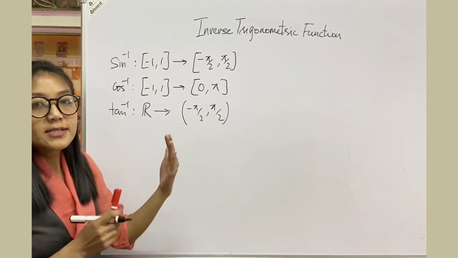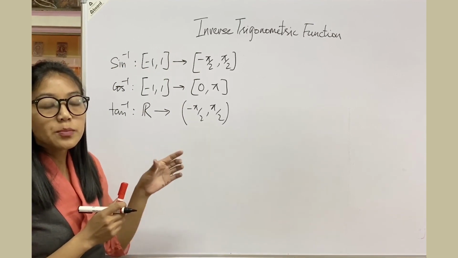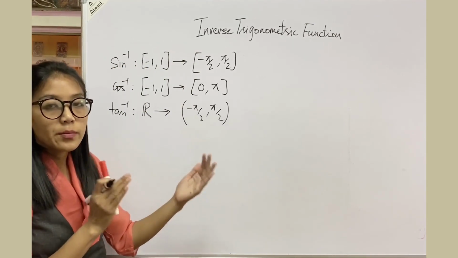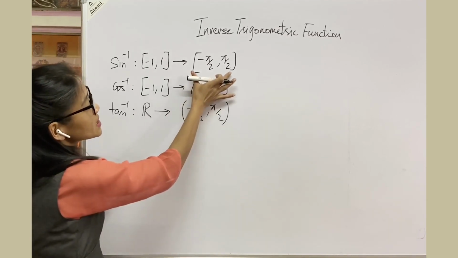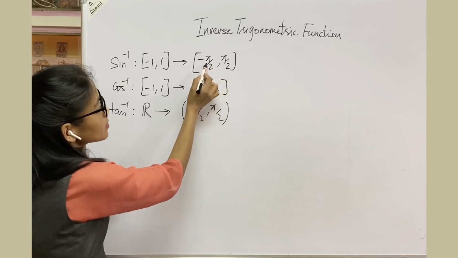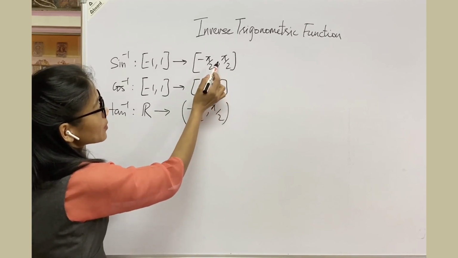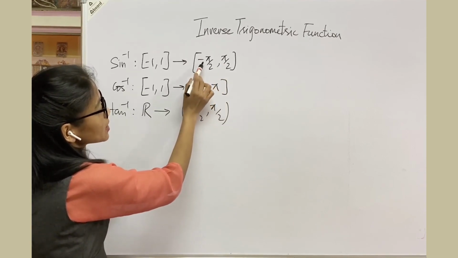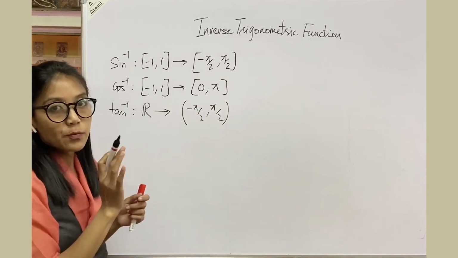In class 11 you had studied the subintervals of real numbers, which we write using 4 different brackets. When we use a closed interval, it means within -π/2 to positive π/2 you have to take all real numbers, and you have to include -π/2 and positive π/2.